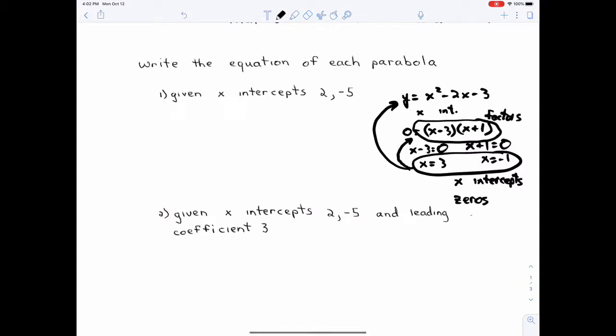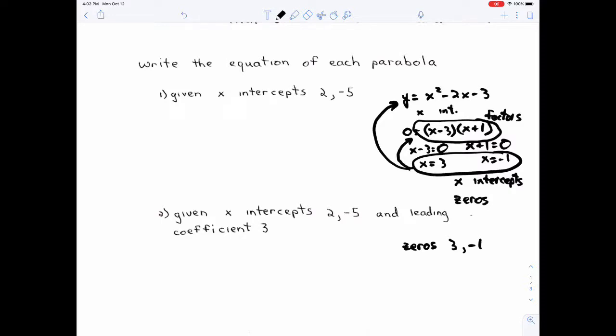So let me just show you something. And don't write any of this down, just listen. What if I tell you there are zeros 3 and negative 1? What factors would that give you?